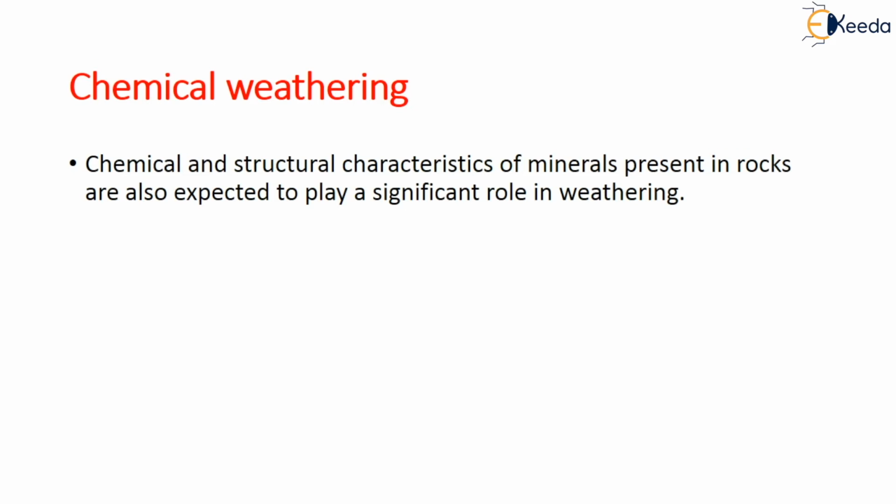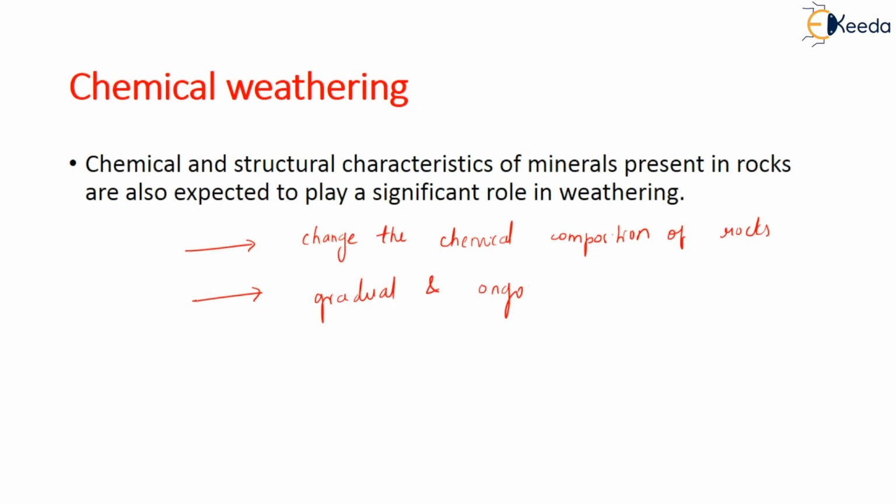Here, this chemical weathering will change the chemical composition of rocks, often transforming them as water interacts with the minerals to create various chemical reactions. It is also noted that chemical weathering is a gradual and ongoing process.